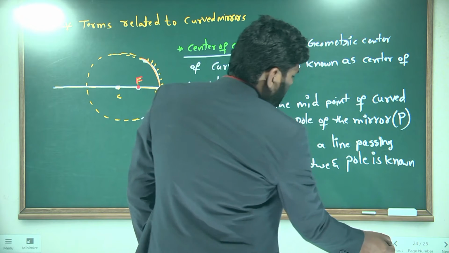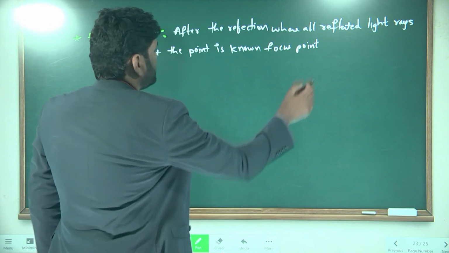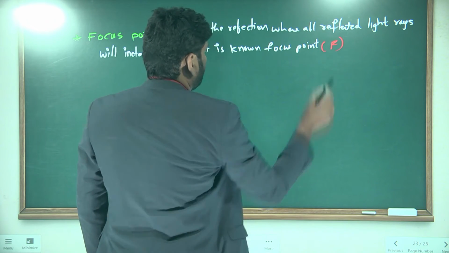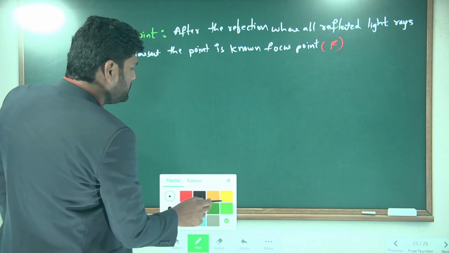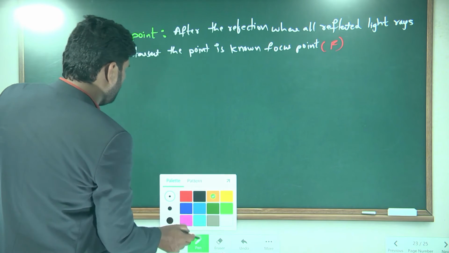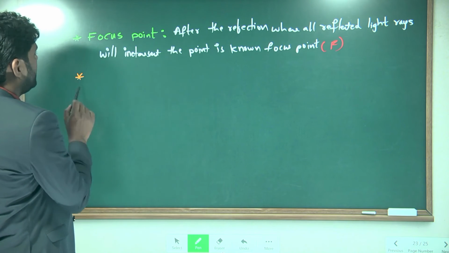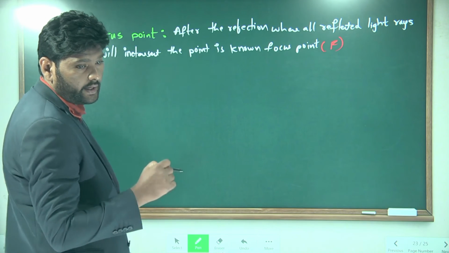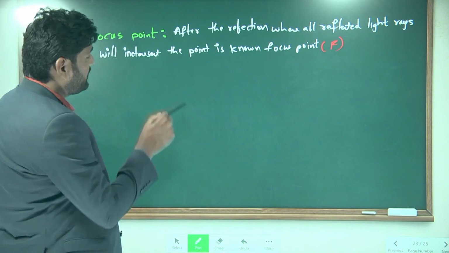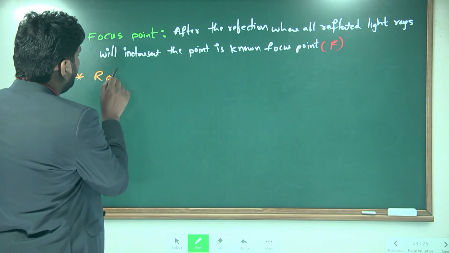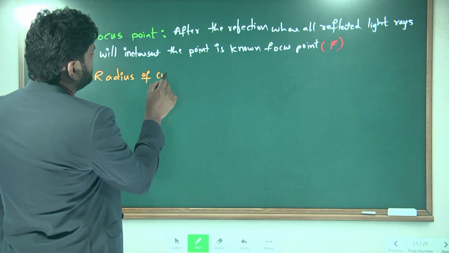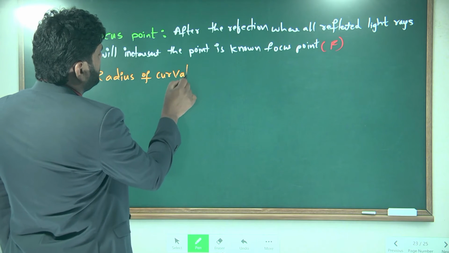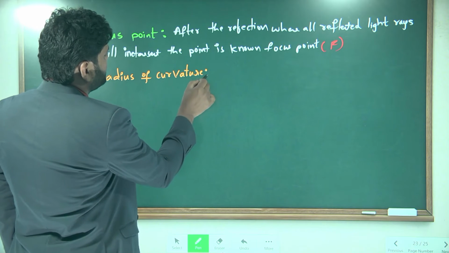Same way, this is represented with capital letter F. Next, before writing the focal length, write down radius of curvature. What is meant by radius of curvature?